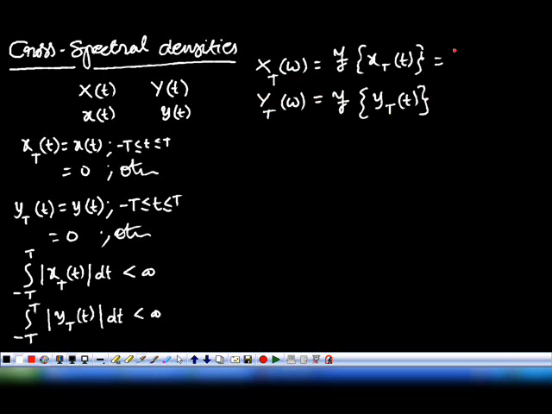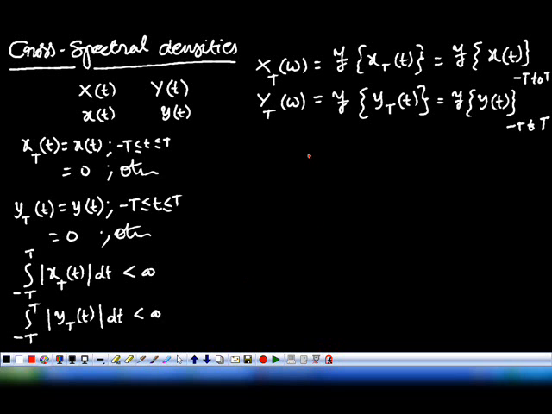This can be written as the Fourier transform of x of t over the interval minus T to T. Similarly, this can be written as the Fourier transform of y of t over the interval minus T to plus T, because we are letting xT of t and yT of t both be equivalent to x of t and y of t in the interval minus T to T.